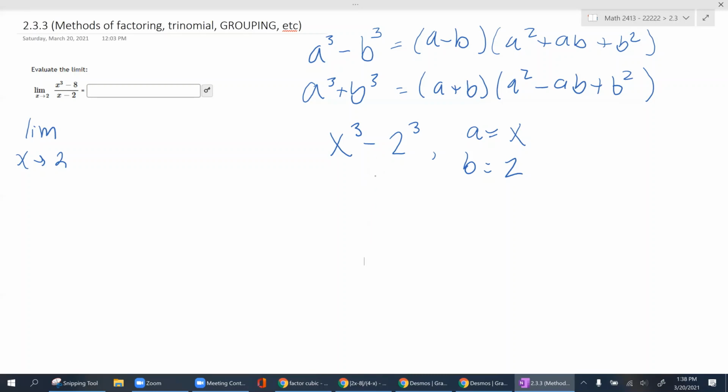This is a cubed minus b cubed, so I'm going to use the top one. You already know your a and your b, so you just plug it in, simplify, and you should get x minus 2 times x squared plus 2x plus 4.